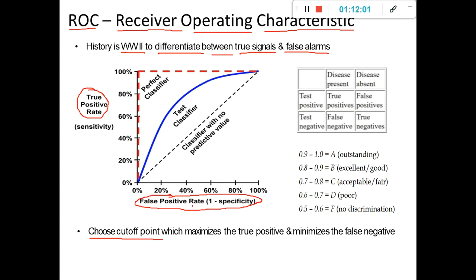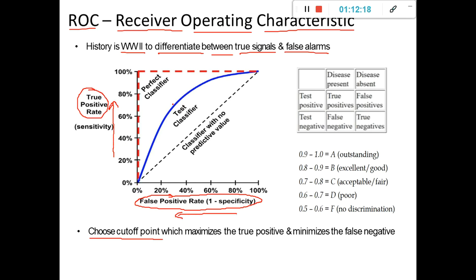As we know, false positive rate is nothing but my alpha error, so it has to be reduced. I have to keep it minimum, and my true positive rate has to be maximum.